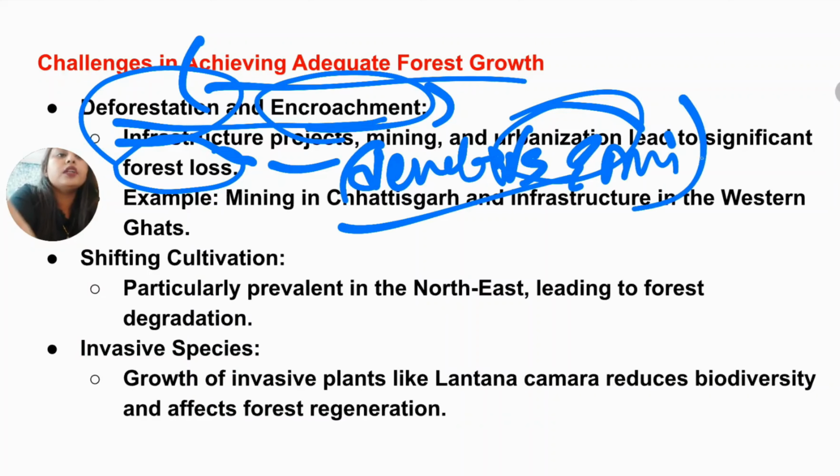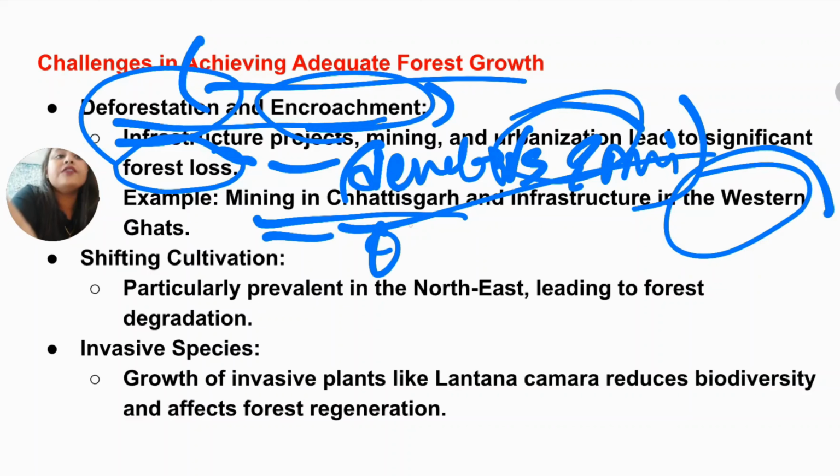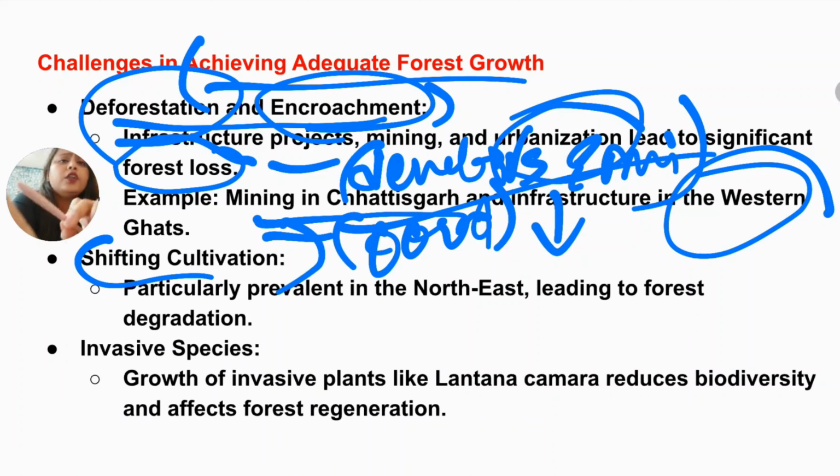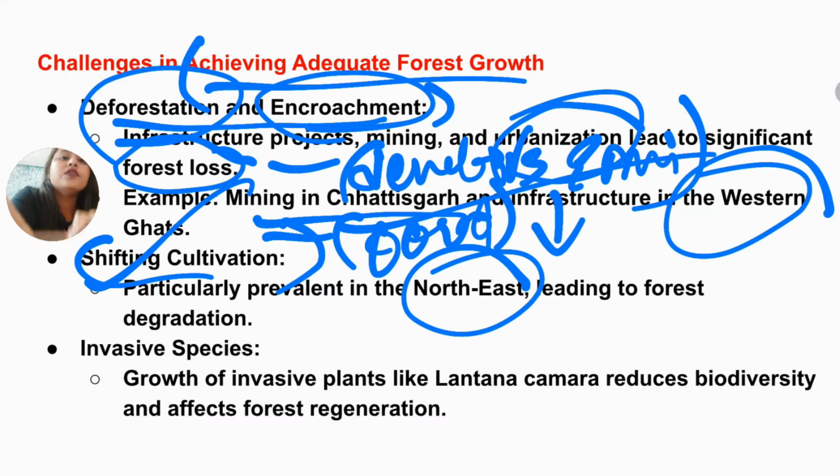It's a very important topic. For example, mining in Chhattisgarh and infrastructure in the Western Ghats have decreased the forest cover so significantly. A smaller problem is also shifting cultivation, which is practiced in the Northeast. This is also becoming a reason for forest degradation.